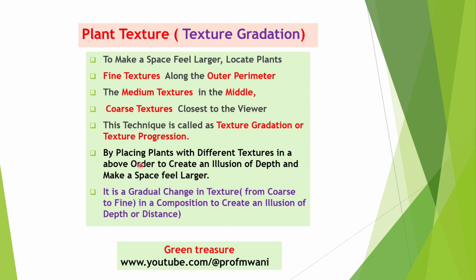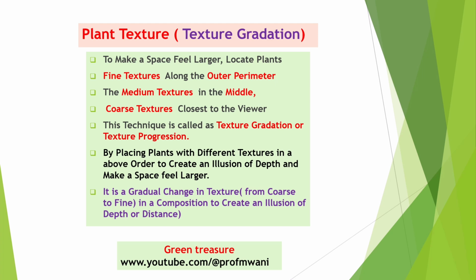By placing plants with different textures in the above order, that is, in front you keep coarse, then medium and then the fine, you create an illusion of depth and make a space feel larger. It is a gradual change in texture from coarse to fine in a composition to create an illusion of depth or distance.